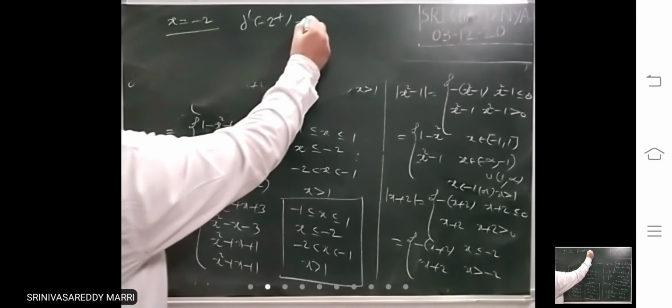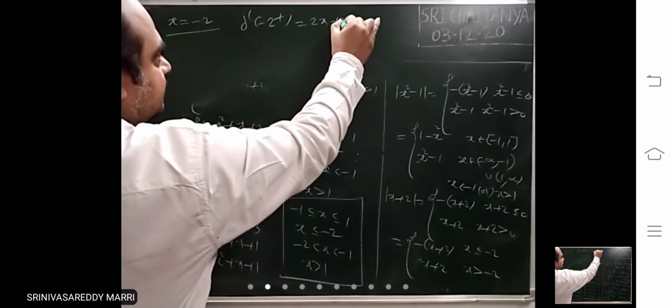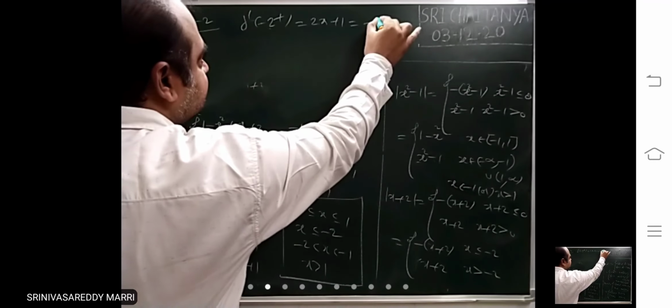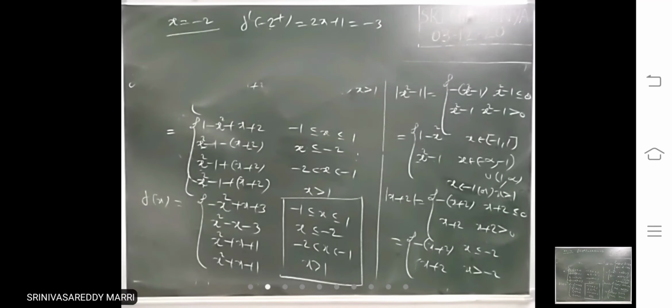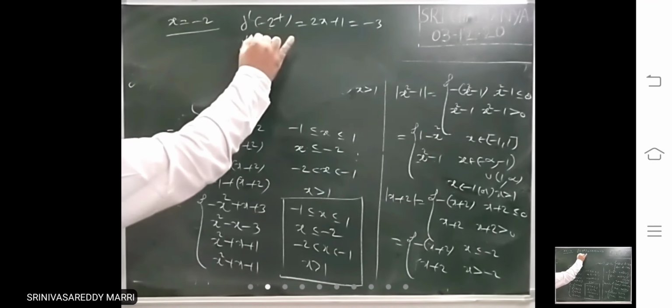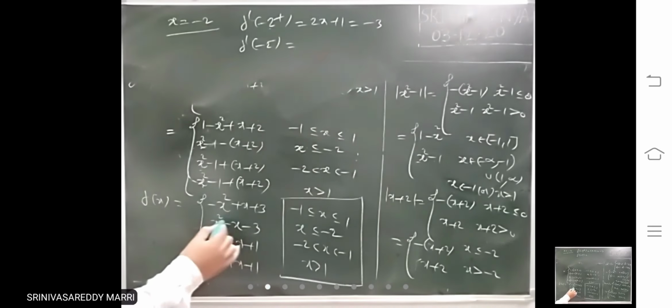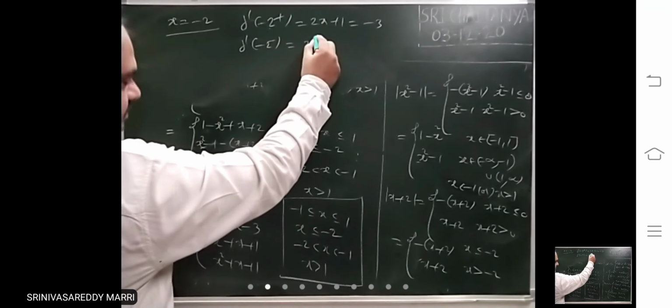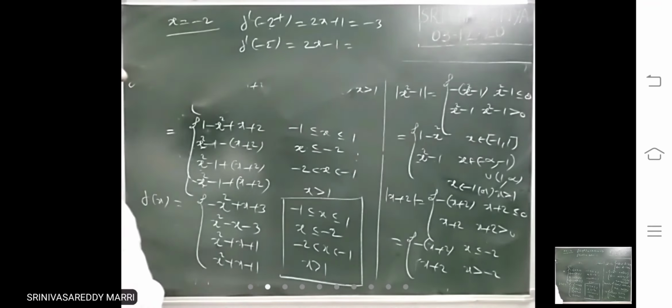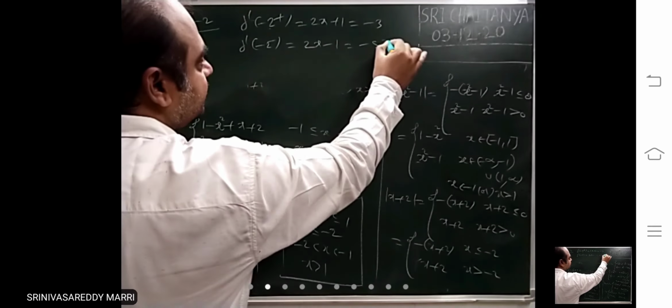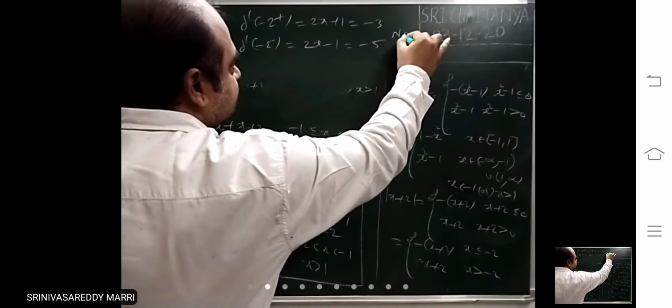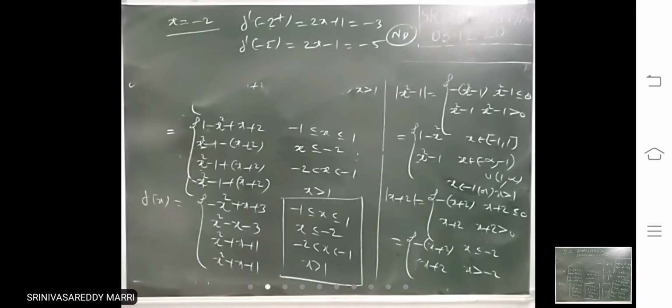Greater than minus 2 is what? 2x. Next one, if you substitute minus 2, minus 3, that is f dash minus 2 plus and f dash minus 2 minus. If you substitute minus 2, minus 5, that means not differentiable at this point.